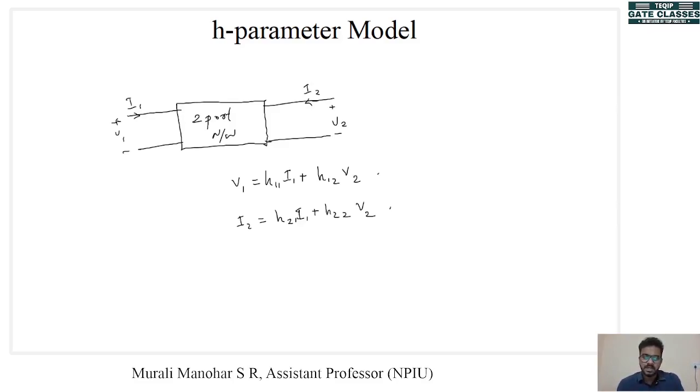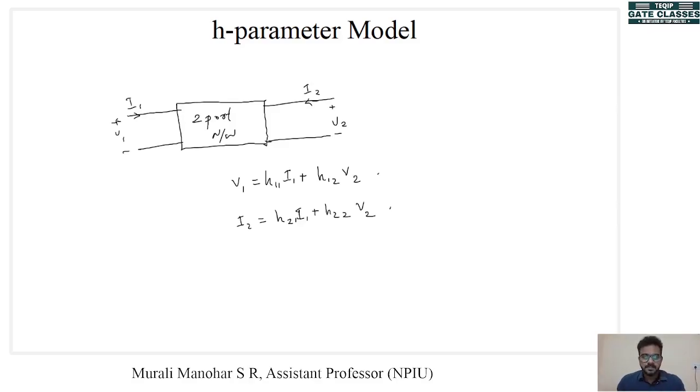The problem is that RE is given by VT divided by IC. Now this IC is the DC current, so it depends on the operating point. So the RE value will change with respect to the operating point. So we need a new model that may or may not change with respect to the operating point. So there we have the H parameter model.